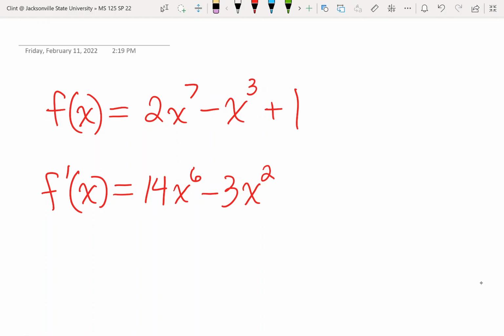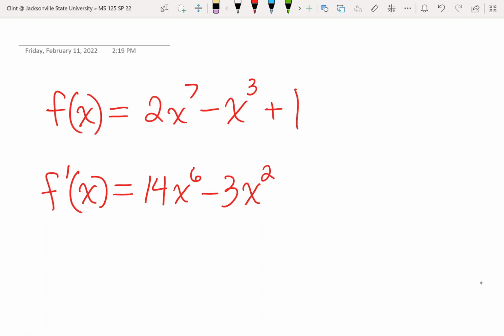That's it. Okay. And I don't want to think about how long that would take to do with the limit definition, because we would have to do x plus h to the 7th power minus x plus h to the 3rd power, and then cancel out all those things that cancel, and then factor out an h from all of that.